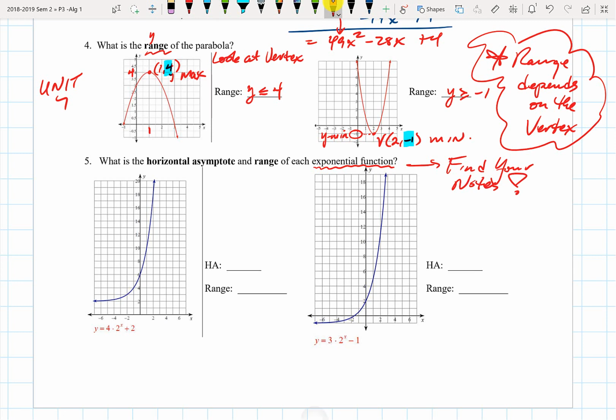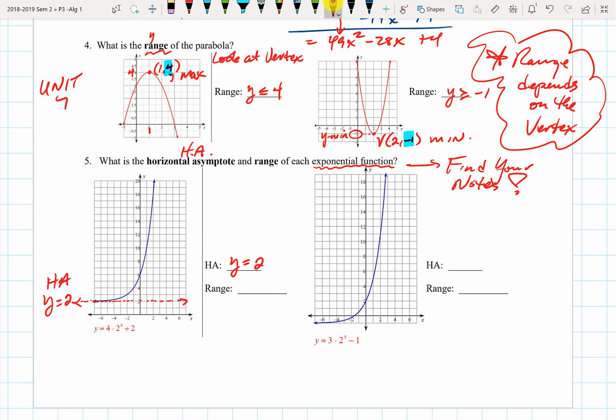We talked about the horizontal asymptote, which I called HA in our notes. It's an imaginary line that the function approaches but never touches. And you can tell that this horizontal asymptote is at y equals 2. So it's a horizontal line at y equals 2. The function gets closer to that but never crosses it, never touches it.